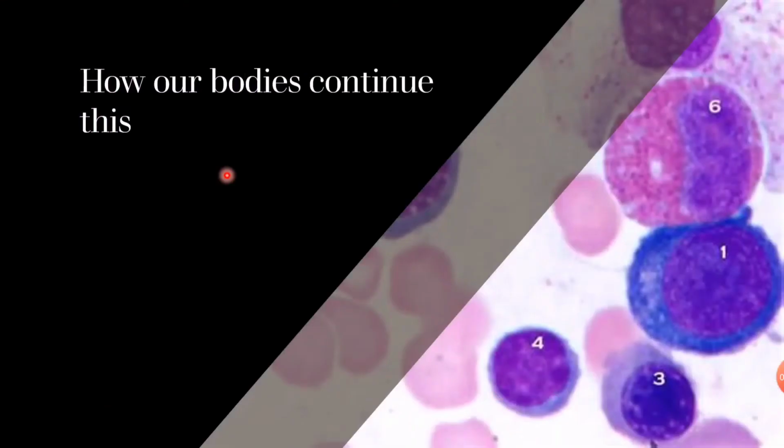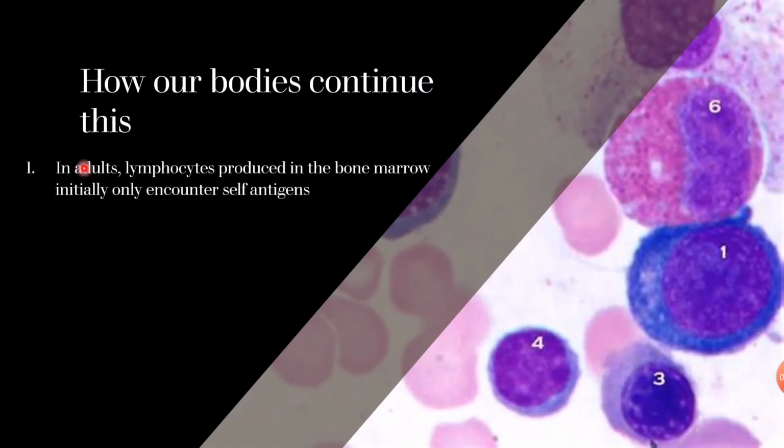So how do our bodies continue to do this throughout our life? In adults, lymphocytes produced in the bone marrow initially only encounter self-antigens. So when our lymphocytes are immediately produced, they're only exposed to self cells.